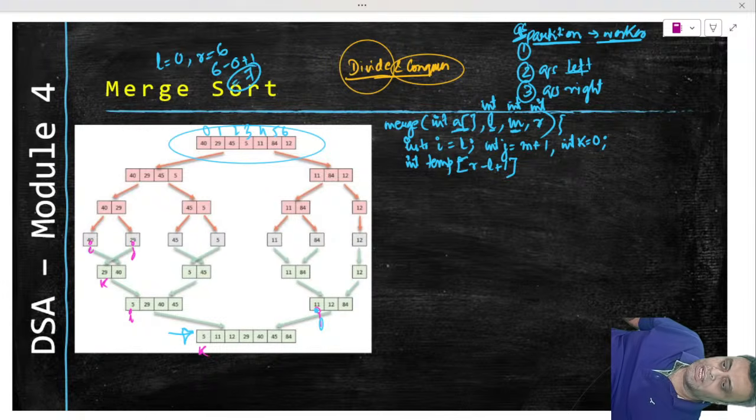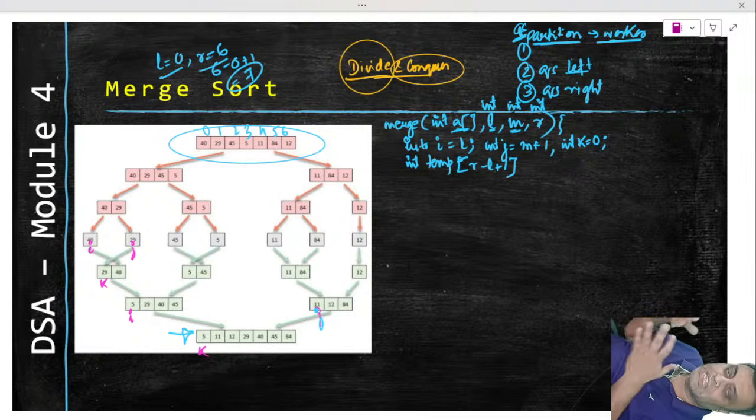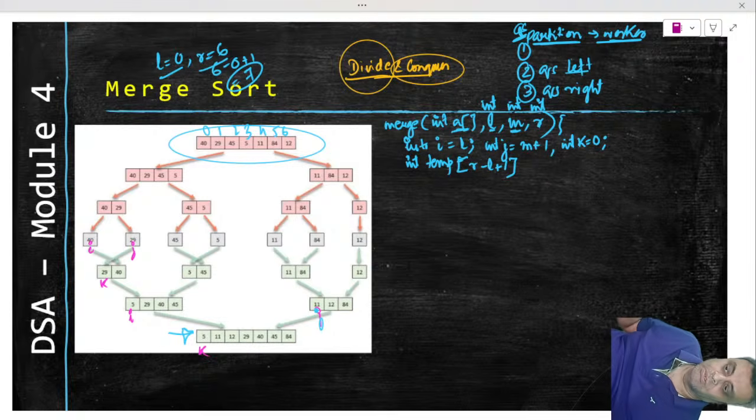So I will create an array with 7 elements in case L is 0, R is 6, which substantiates how much size I need. I need the size of the two subarrays put together. So that is going to be R minus L plus 1. So I need 7 spaces to actually merge the two arrays, whatever L and R is given to us. So imagine here your L is given as let's say 0, your M is given as 4, and your R is given as 6, right?